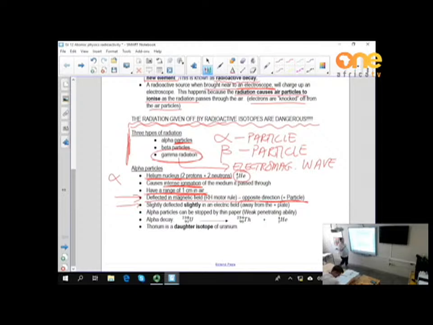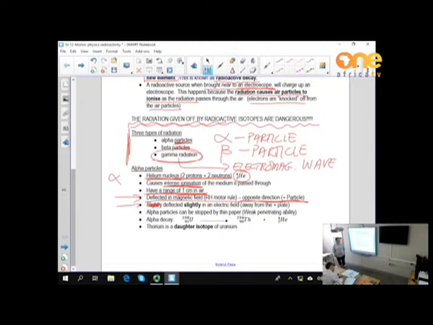Why? Like charges repel. A helium nucleus has a positive charge. It's going to be repelled from the positive plate towards the negative.